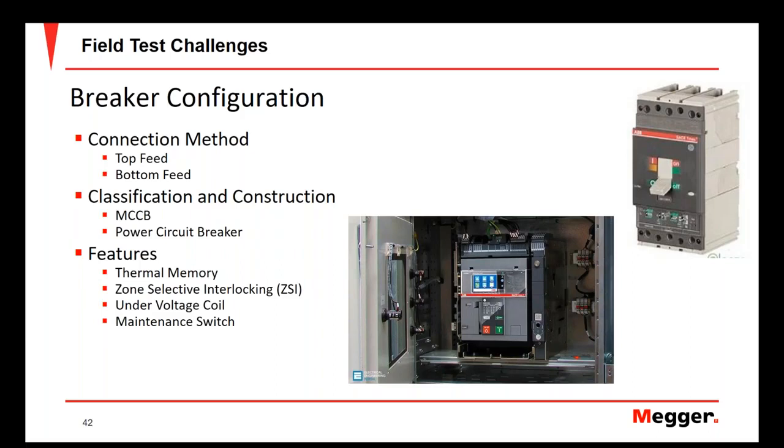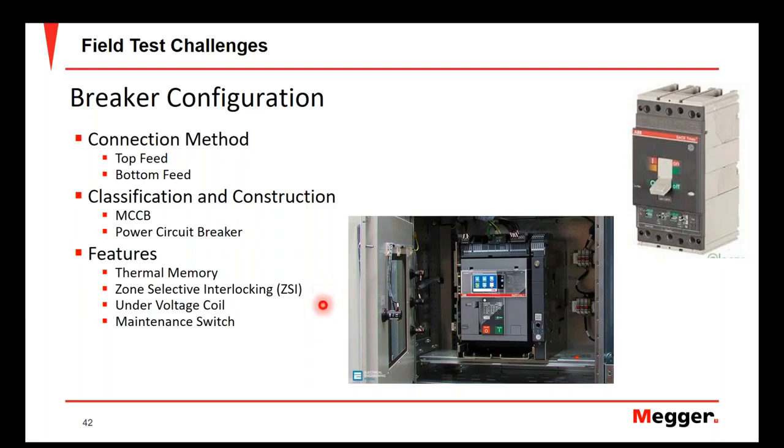If you try to repeatedly trip the breaker, it's just going to trip faster and faster. And the result of that is it's going to give you erroneous trip times whenever you try to test the breaker.